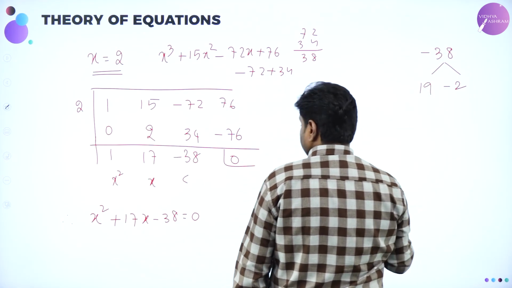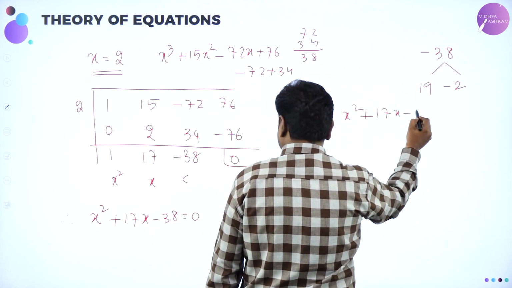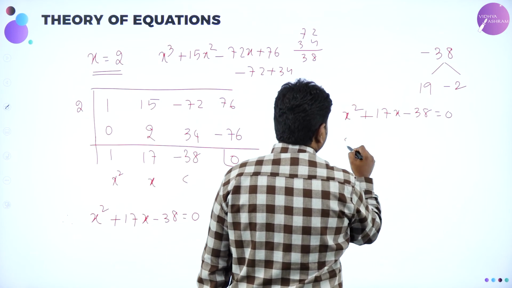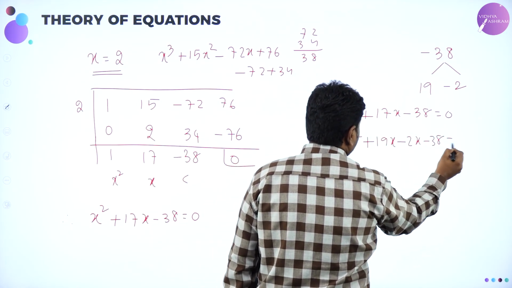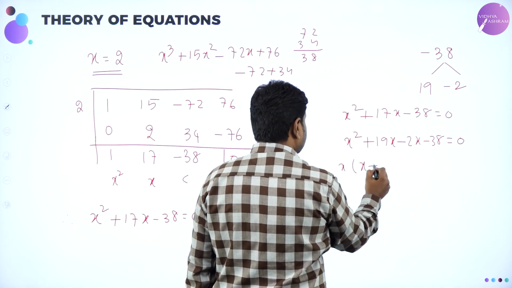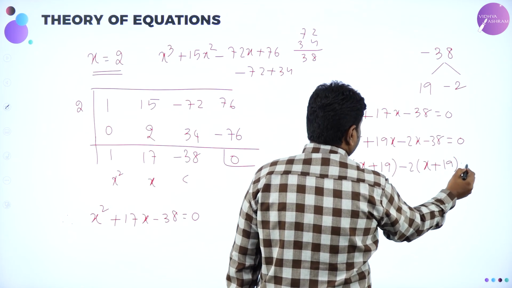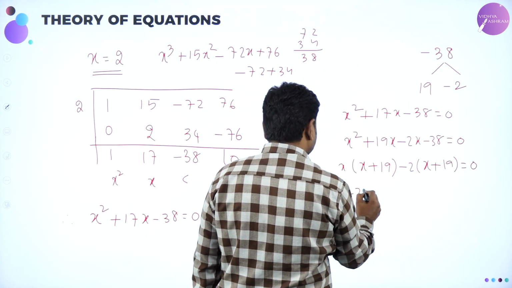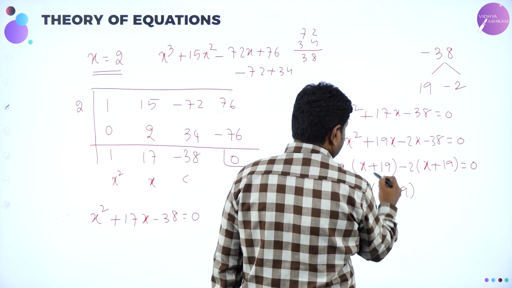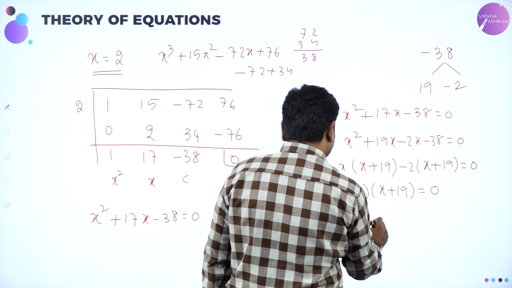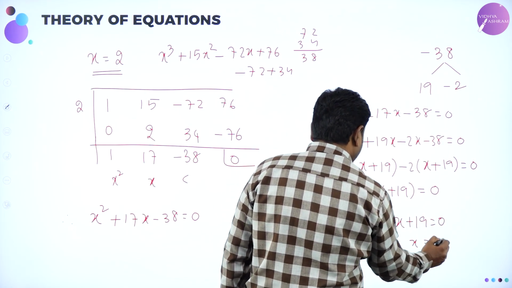So x square plus 17x minus 38 equal to 0 can be written as x square plus 19x minus 2x minus 38 equal to 0. Do the middle term factorization: x into x plus 19, minus 2 into x plus 19. Take x plus 19 common. Equate x plus 19 to 0, x is equal to minus 19.